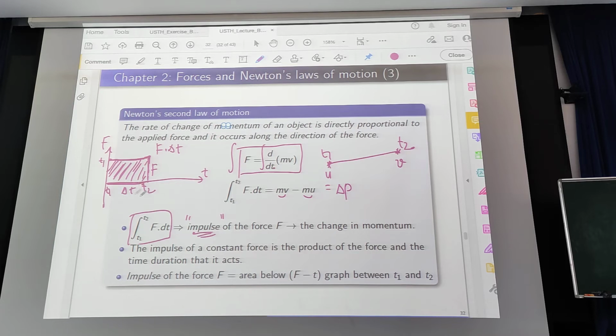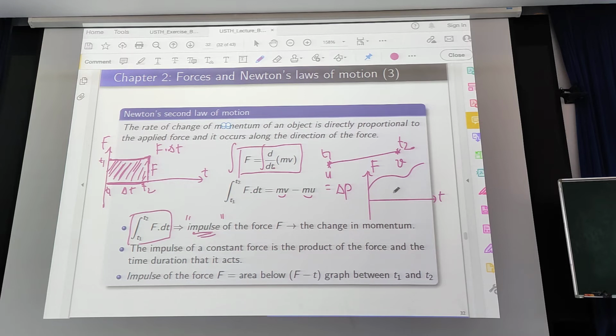So to summarize, generalize this case. For example, you have the force, and depending on the time, it's not constant anymore. So like this.